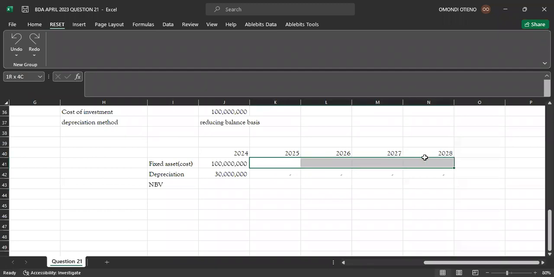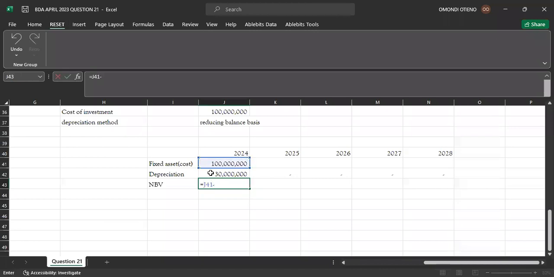Once I've autofilled, the only thing that is missing for me to get the values is the cost here. How do I get net book value? Net book value, we have said, is equivalent to 100 million minus 30 million. So this net book value in 2024 now becomes the cost in 2025. Somebody may decide to come up here and just write 70 million.